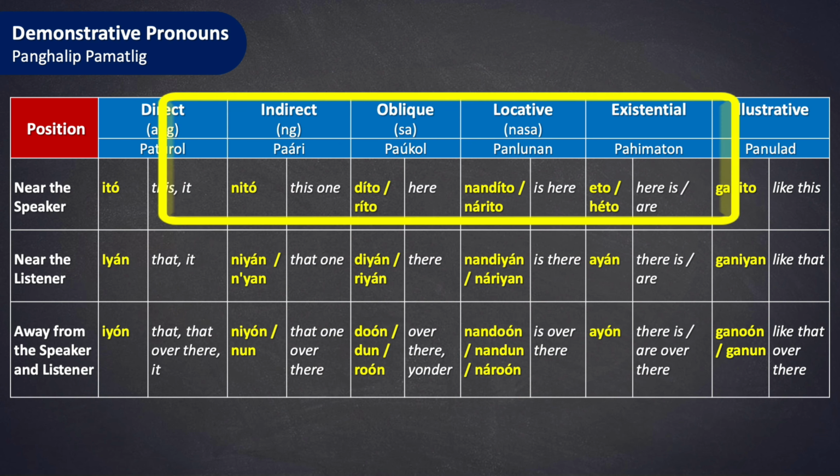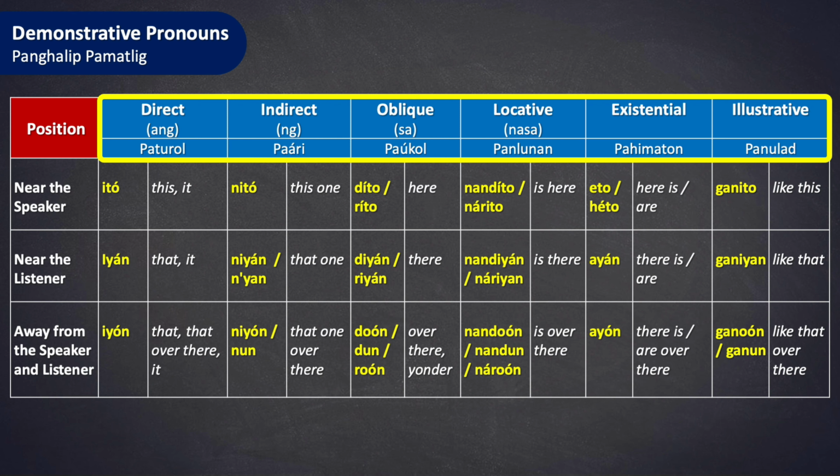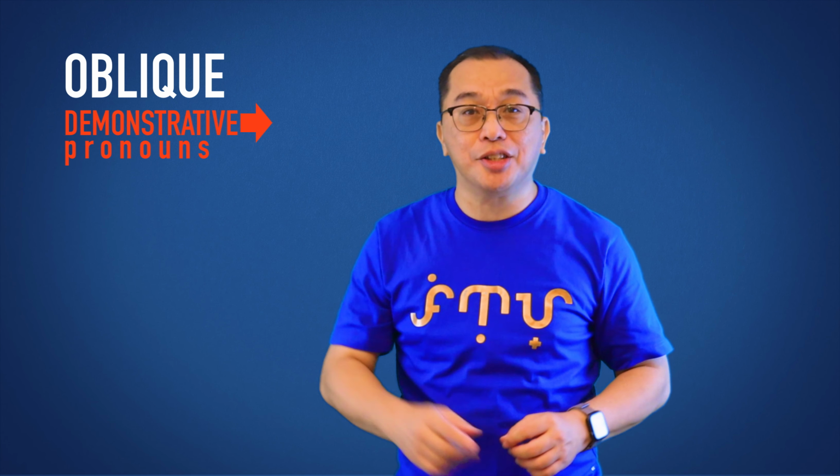And also, as you know by now, there are 6 categories of demonstrative pronouns in Tagalog as you can see on the table. If not, I encourage you to see parts 1 to 7 of this series to get you up to speed. The links are in the description box down below. Oblique demonstrative pronouns are the equivalent of the English here, there, and over there.